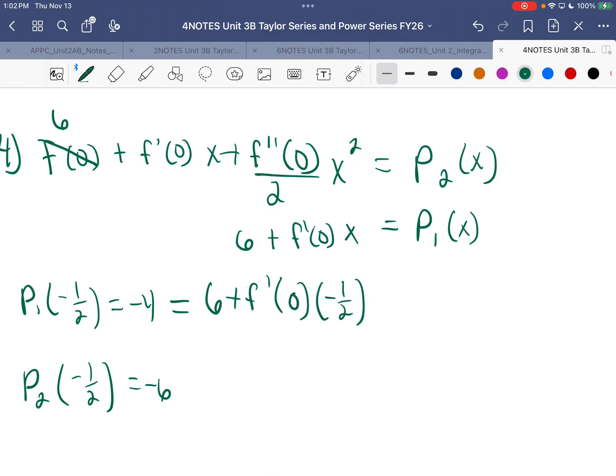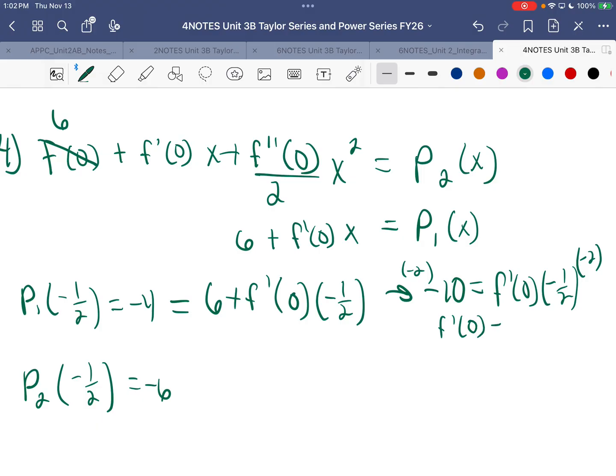Okay, so -4 minus 6 is -10. And then multiply both sides by -2. You get f prime at 0 is equal to 20. So then we can replace this with a 20.